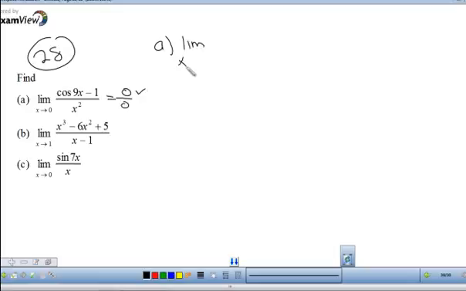So the limit as x goes to 0, the derivative of cosine of 9x would be negative 9 sine of 9x minus 0, all over 2x. If I substitute 0, I get 0 over 0 because sine of 0 is 0.